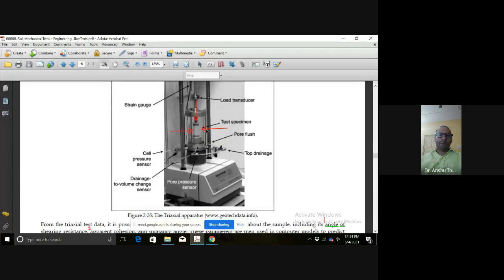And we have confining pressure from the two sides. That confining pressure can be applied using water or oil, because this is the confining zone.